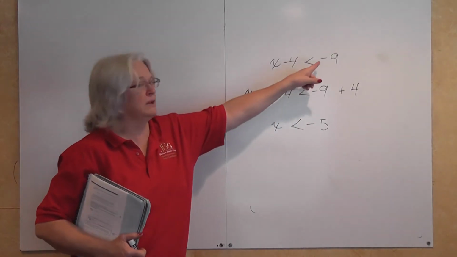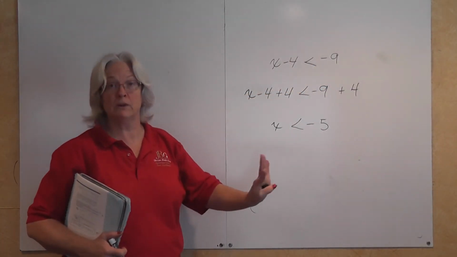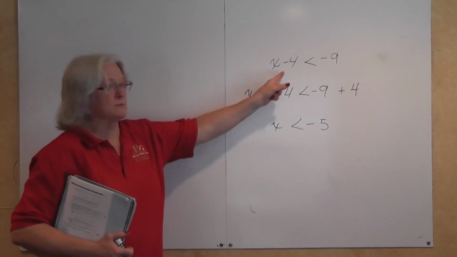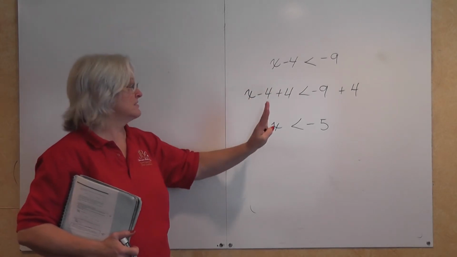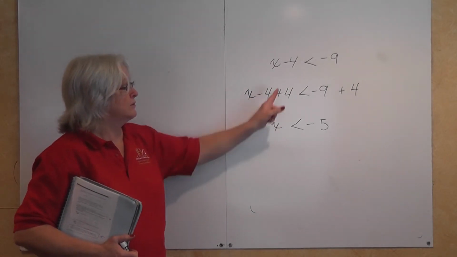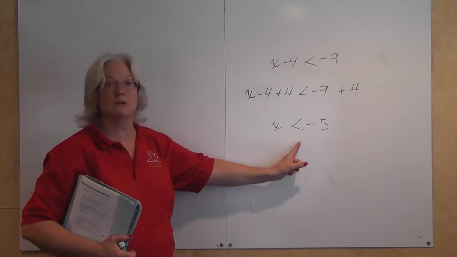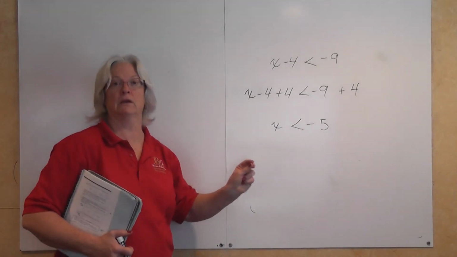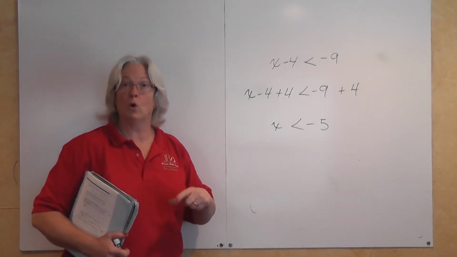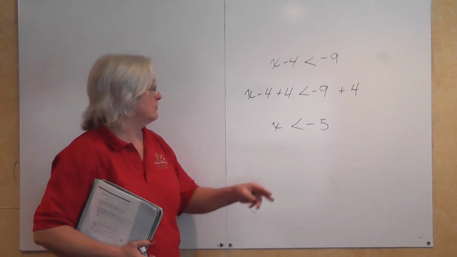You say, oh, but we've got a negative 9. Has nothing to do with anything. We've subtracted a 4. Doesn't affect anything. The direction of the inequality symbol changes only when you multiply or divide by a negative number.